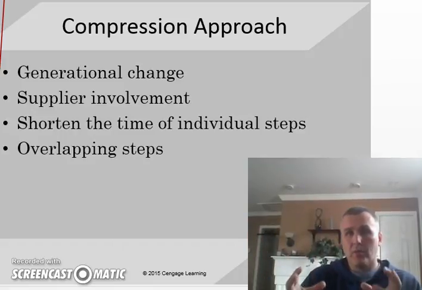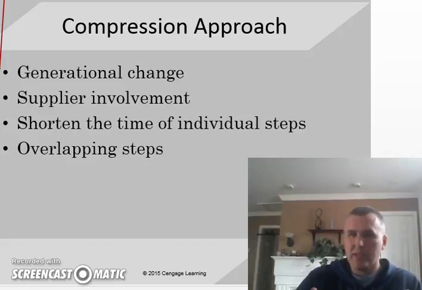So one of the things that we look at is how do we compress that? So especially when we're in a huge change environment, like lots of changes happening really fast, and we're trying to catch up or stay ahead of the game, how do we compress our innovation or our creation process?